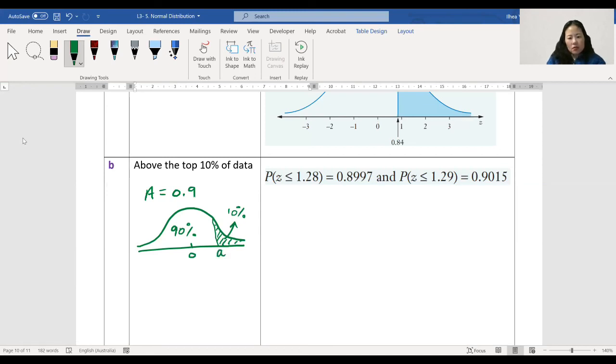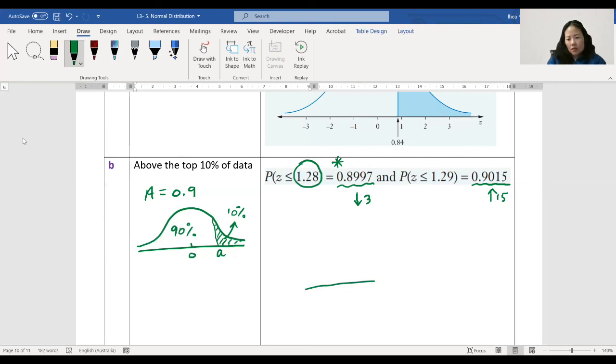So I'm going to look at the area just above 0.9 and just below 0.9. And that's 15 up, that's 3 down, isn't it? So obviously that's closer to 0.9, and my A, the value, is 1.28.